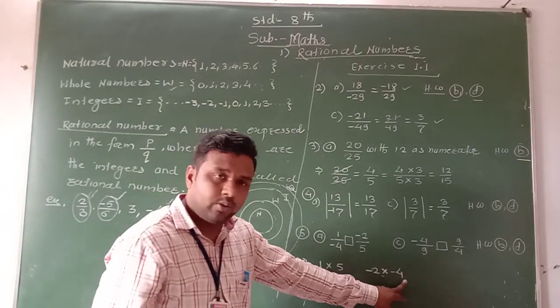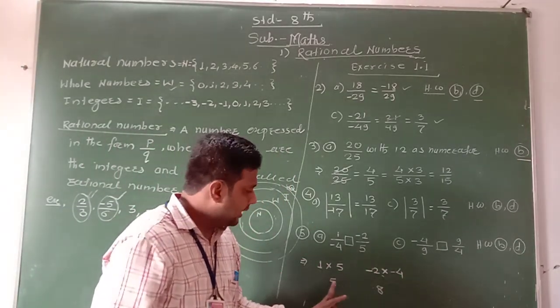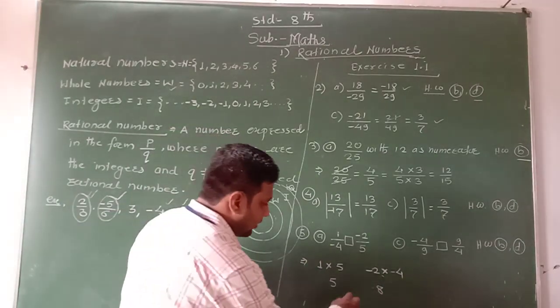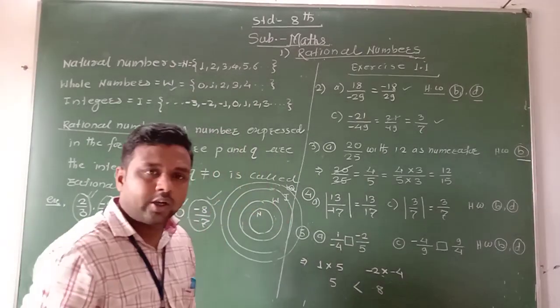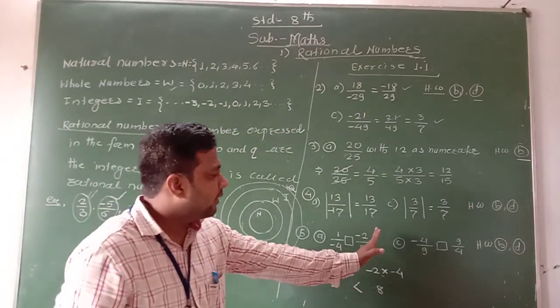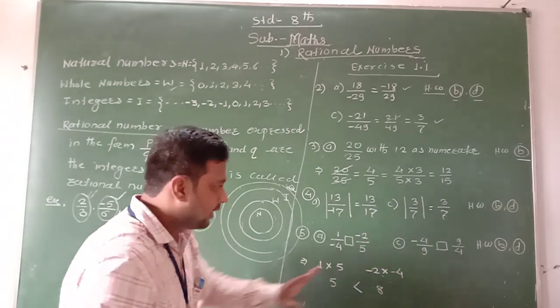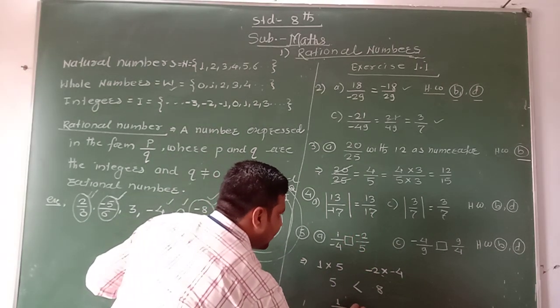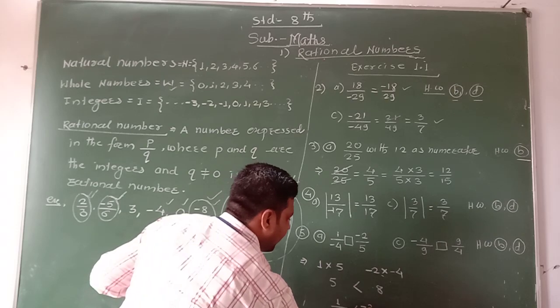The product of two negative integers is positive. 5 and 8, which number is greater? 8 is greater. Therefore, which rational number is greater? The rational number on the right hand side is greater. In this way we can compare: 1 upon -4 is less than -2 upon 5.